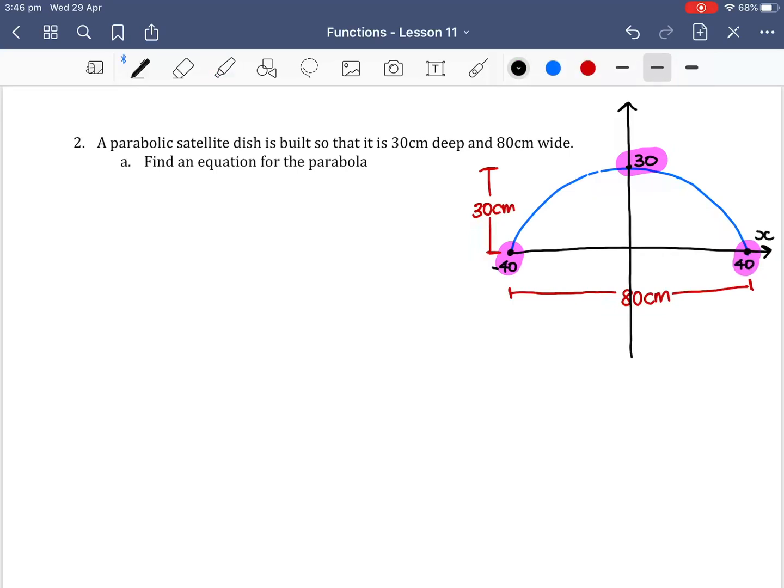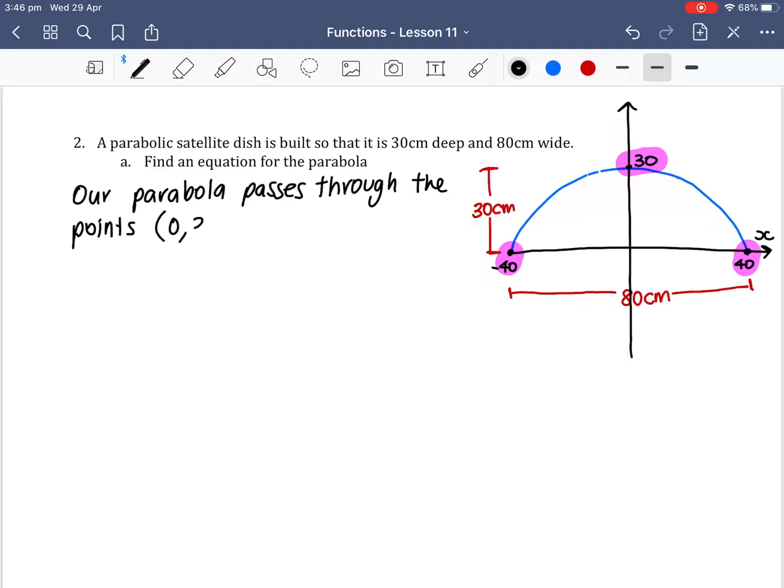So we have our intercepts, our x-intercepts and our y-intercept, we have found. So we know that our parabola passes through the points 0, 30, 40, 0, and negative 40, 0.